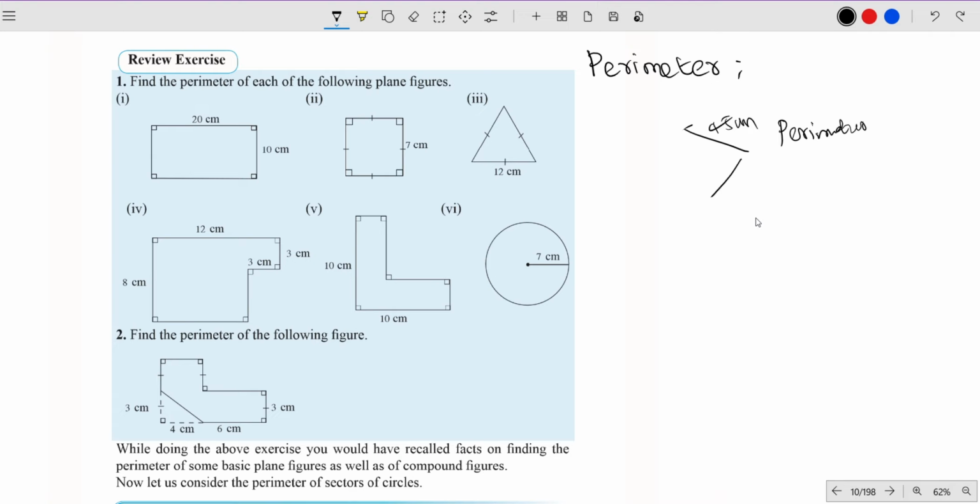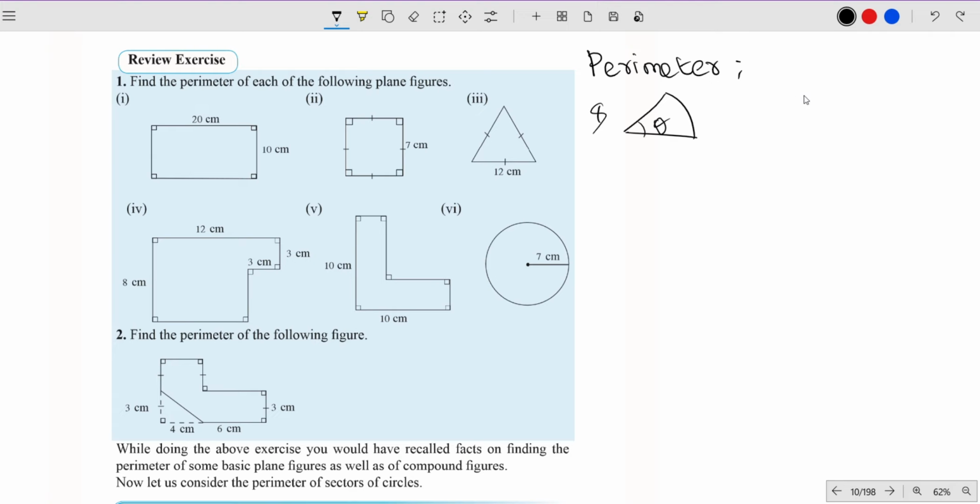So in this unit, in your first unit as grade 10 students, we will mainly talk about the perimeter of a circle. Then we will consider a sector of a circle. You have studied about sectors.